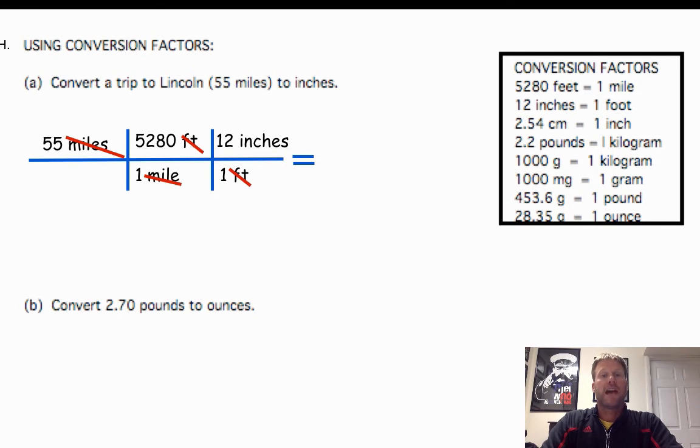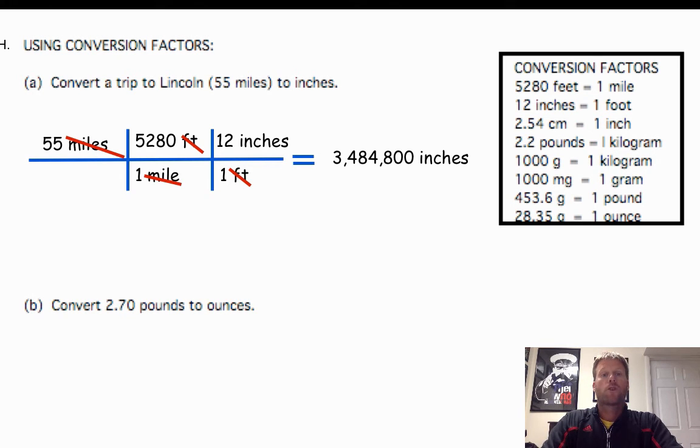The only unit not canceled is inches, which is the unit we are trying to convert to. To complete the calculation, you multiply by all the numbers in the top grids and divide by all the numbers in the bottom grids. In this case, you would have 55 times 5,280 times 12, which gives you this value when you plug it into your calculator.